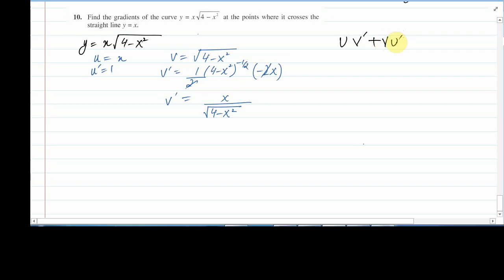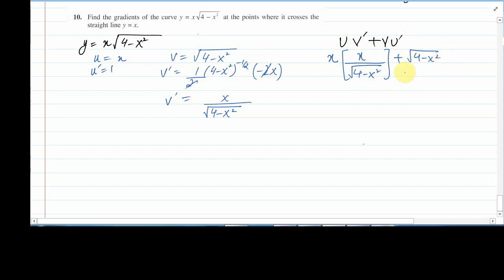All right. So now u is x, v derivative is x divided by under root 4 minus x square, plus v is under root 4 minus x square and derivative of u is 1.